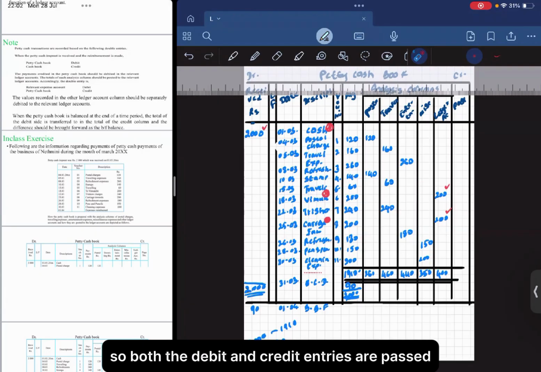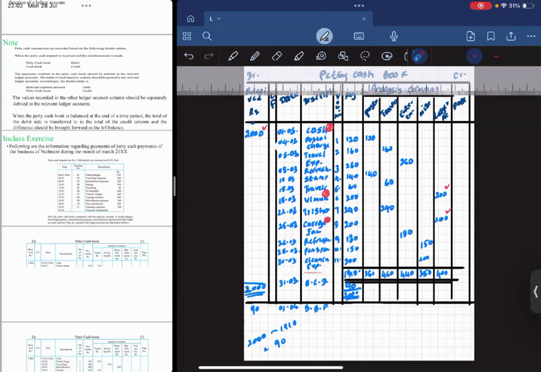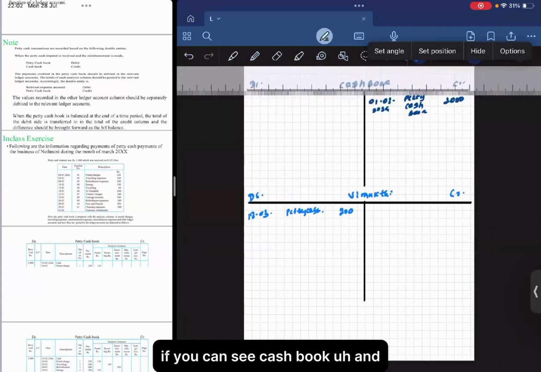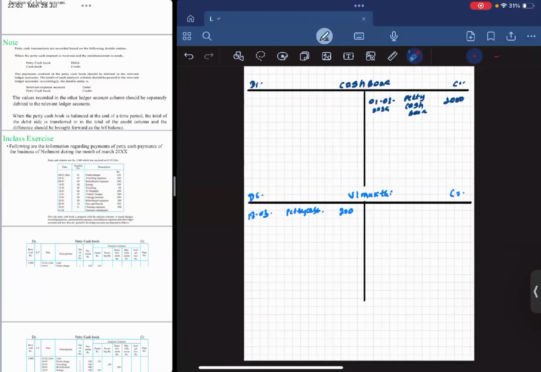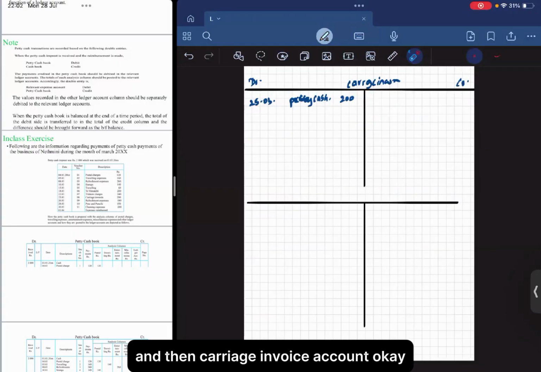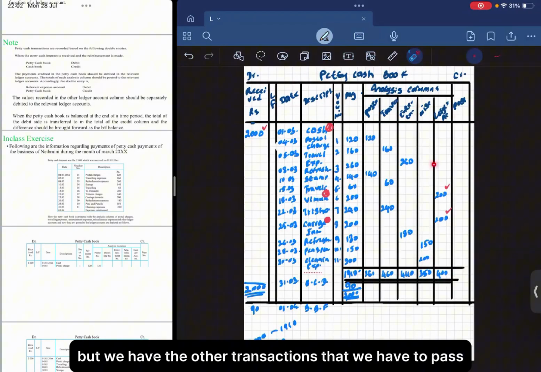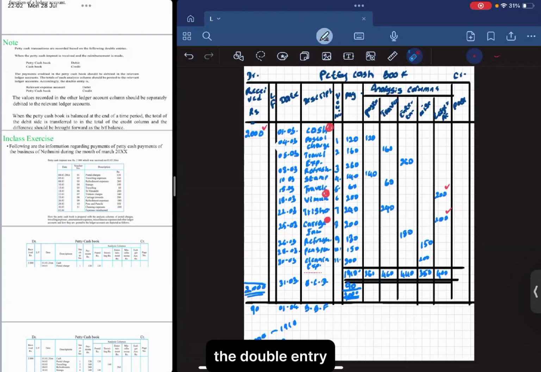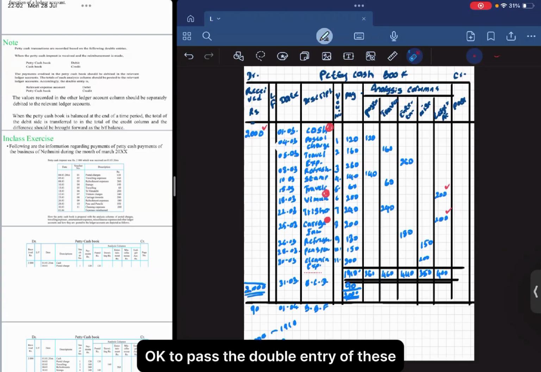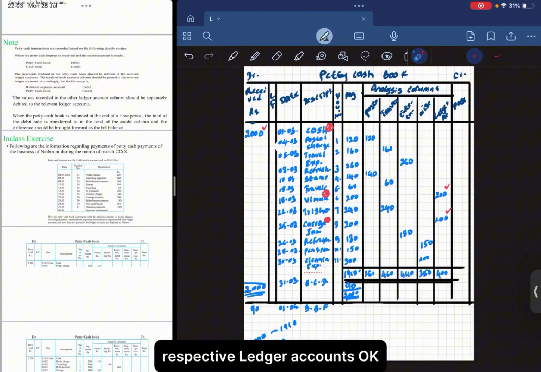Both the debit and credit entries are passed in these three transactions. But we have the other transactions for which we have to pass the double entry. The credit entry we have already passed. To pass the double entry of these, we will have to total the analysis columns and then post them to respective ledger accounts.